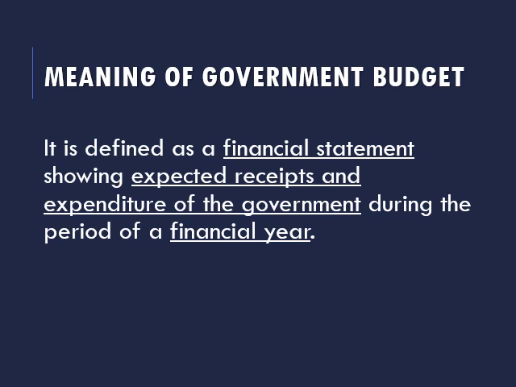So it's a financial statement which shows two things: expected receipts and expected expenditure in the year, which we also call the financial year. It is expected because we are preparing the budget for the future, the upcoming year. The budget is always implemented from April 1, but it is announced in the month of Feb.